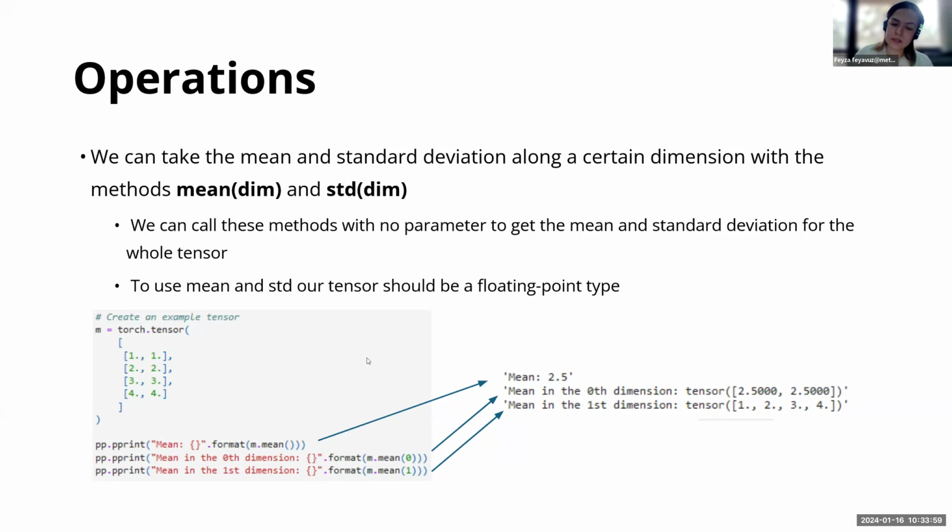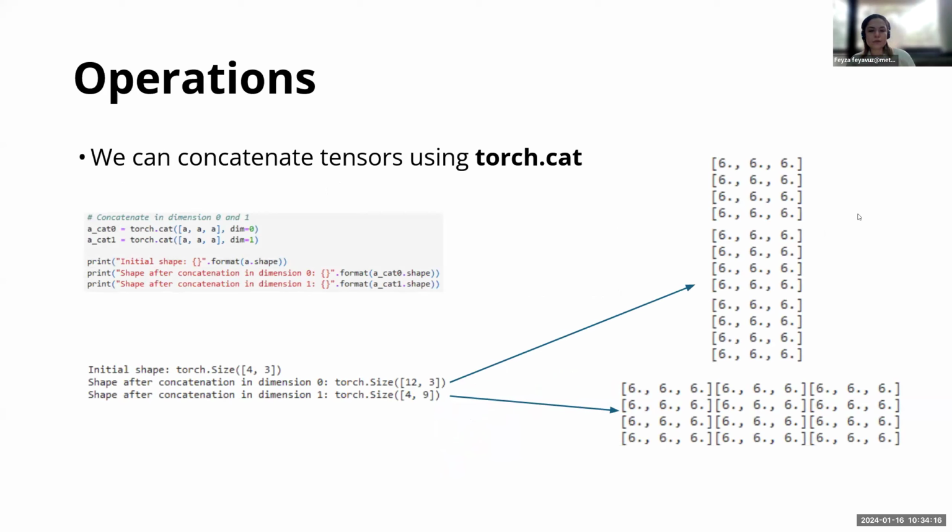And we can also use concatenation of some tensors, which is actually crucial for our deep learning operations because we are actually making concatenated tensors along with the deep learning architectures. And let's go through an example. Let's say we have an initial tensor called A, a 4 times 3 tensor, and its initial size is 4 by 3.